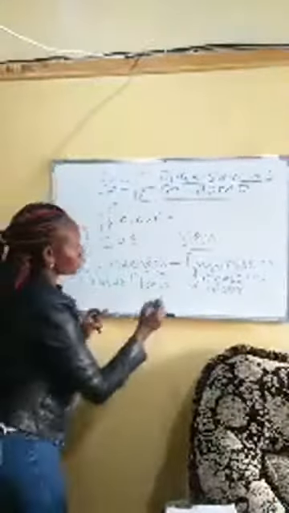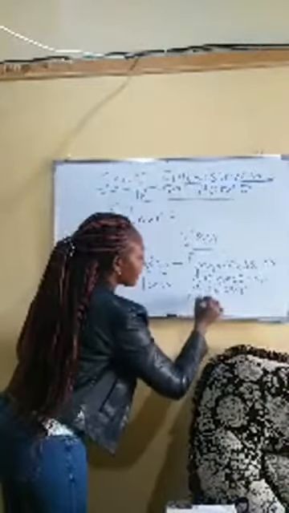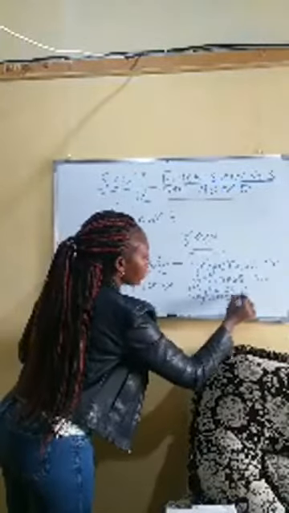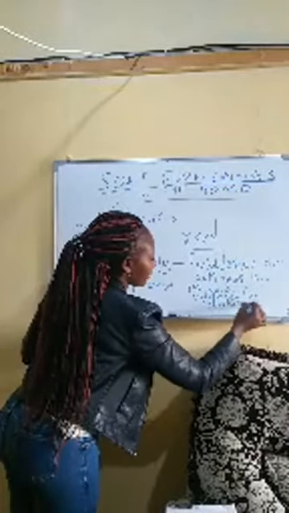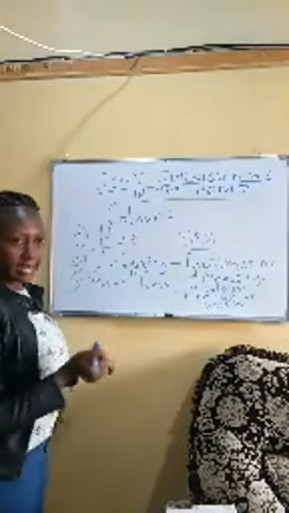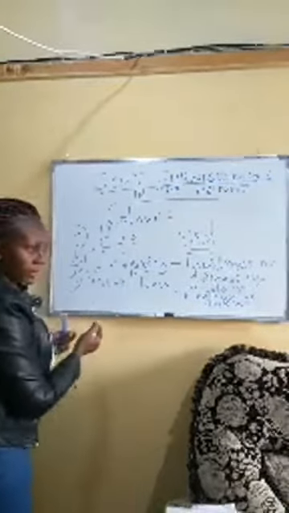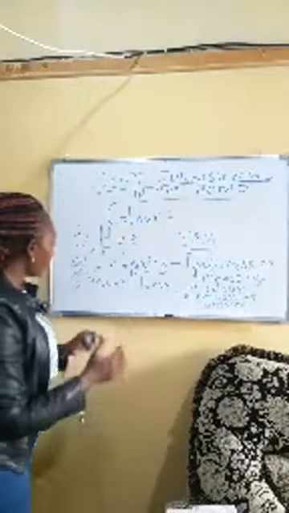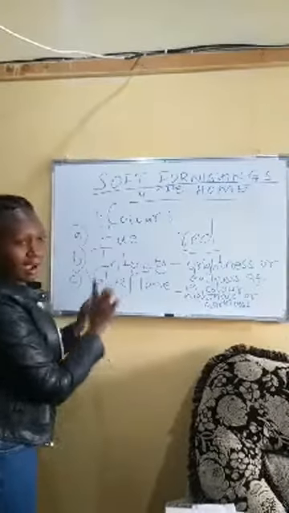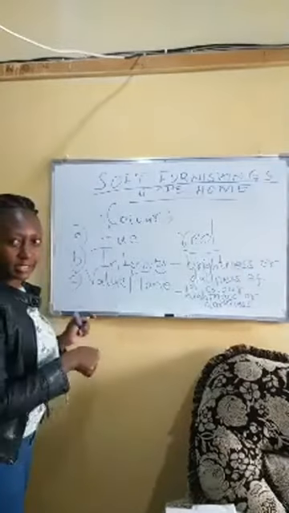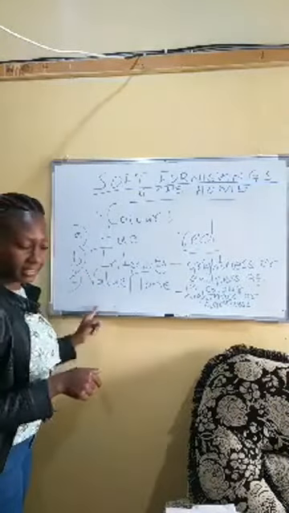So value or tone is simply the lightness or darkness of a color. So we can have light values and dark values. Now the light values are normally obtained when you pick a color and then you add white to it. You get the light values of that particular color.